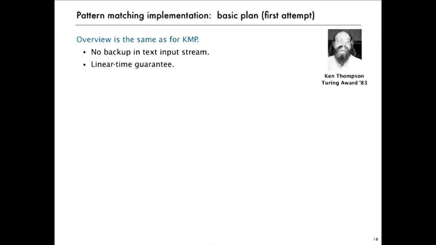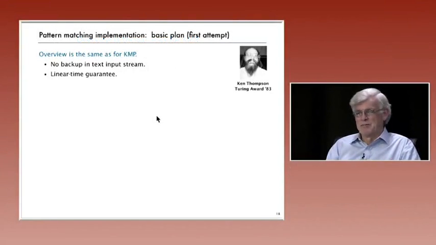So that gives a basic plan for developing a pattern matching implementation. And this was developed by Ken Thompson at Bell Labs, one of the developers of Unix, and this facility was an important part of early Unix. He developed this idea based on the well-known theorem from theoretical computer science: let's try to build a machine the same way as we did for Knuth-Morris-Pratt, where we have no backup in the text input stream.